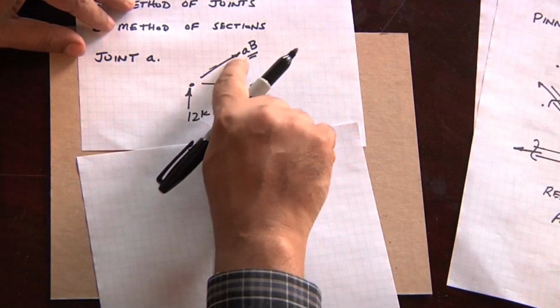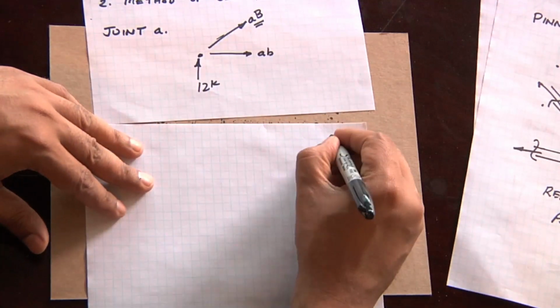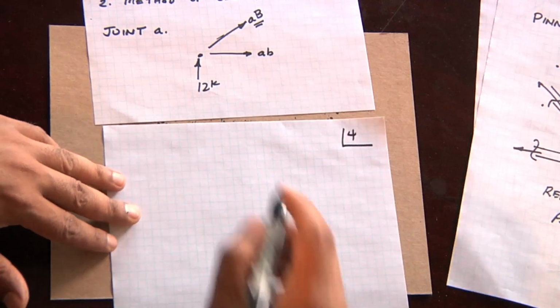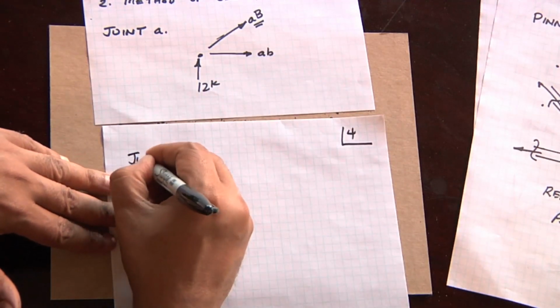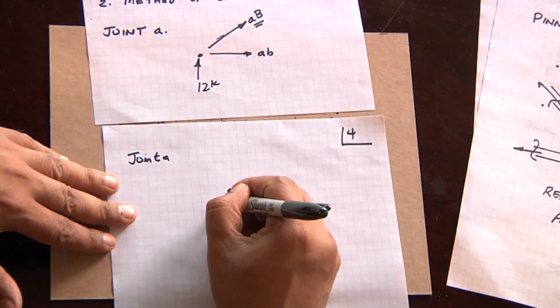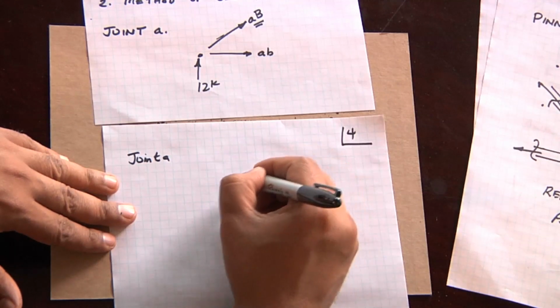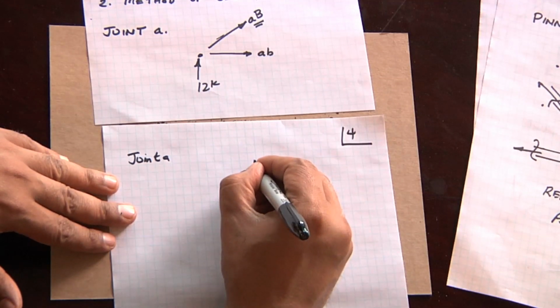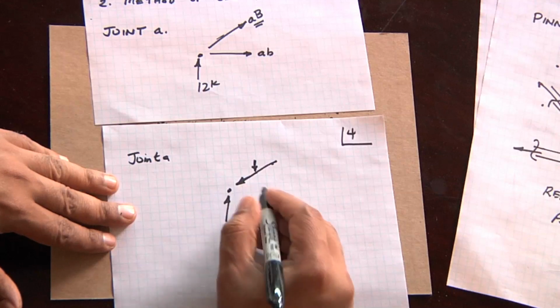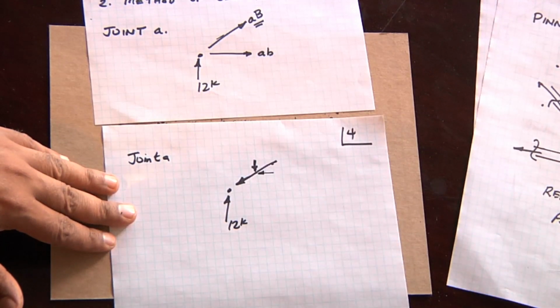If we look at the vector forces split between this top chord force and this bottom reaction force, we can see from joint A that if we have 12 kips going upward, the top force has to be going down because its component going down has to balance the 12 kips, which immediately tells us that this component has to be going to the left.